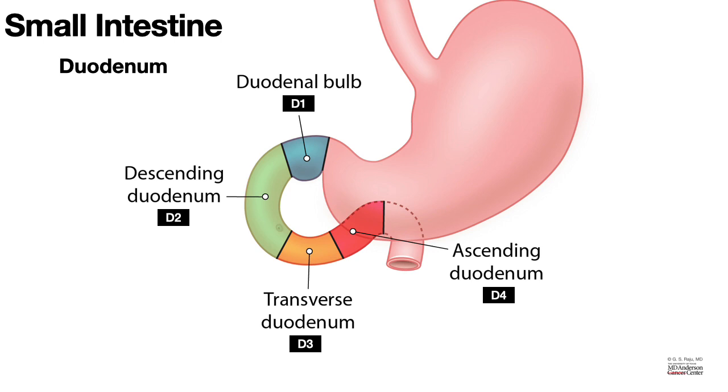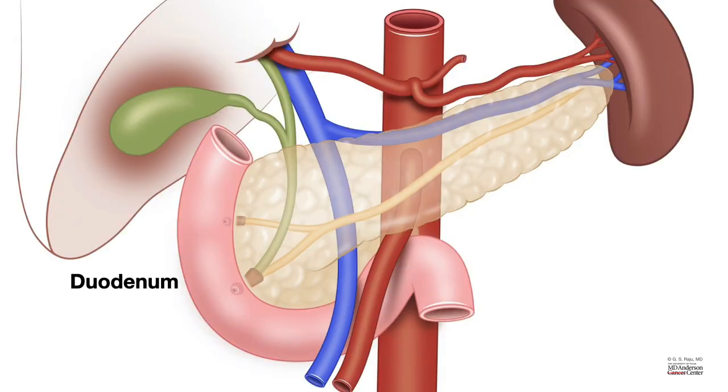This C loop is intimately related to a lot of important structures, and let us figure out what the structures are in relation to D1, D2, D3, and D4. So here is a much more detailed diagram.